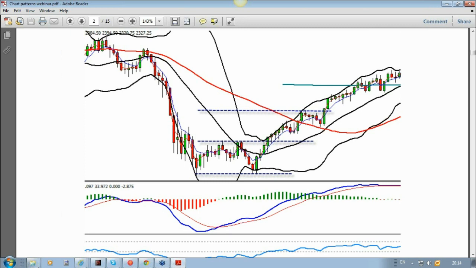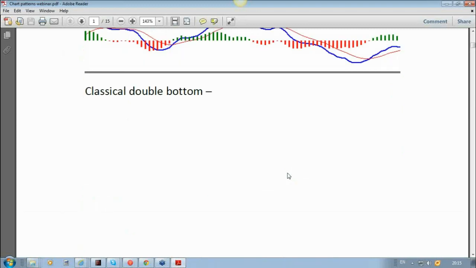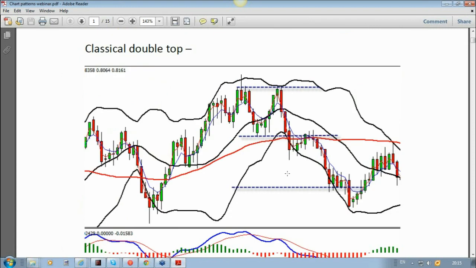And who does not want to risk 0.5% or 1%, aggressive or conservative, to possibly get 2, 3, or even 4 or 5% from one move when it comes? Everyone wants that. This is the beauty of the combination of tops, bottoms, patterns, and divergences. Any questions as of now about the classical double top or double bottom?